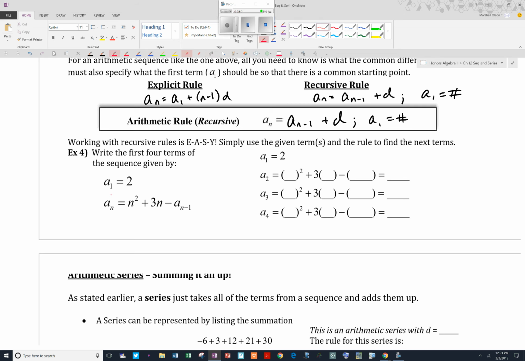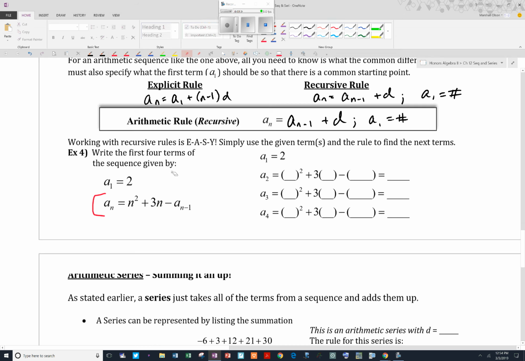The rule says that to find the term a sub n, take n squared plus 3n. So in other words, n is the spot in the series that we're talking about. If we were looking for the fifth term, we'd be putting 5 in there. But we would also need to know what the fourth term is for this piece right here, because that means the term before.